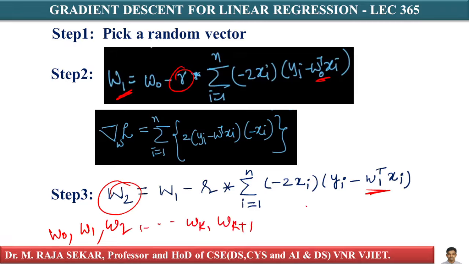If Wk plus 1 minus Wk is very small, a vector of small values, then I will say let's stop here and declare W star, my optimal value of W, is equal to Wk. This is what we will do.